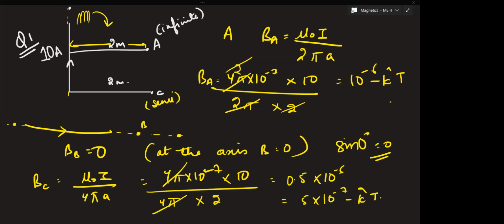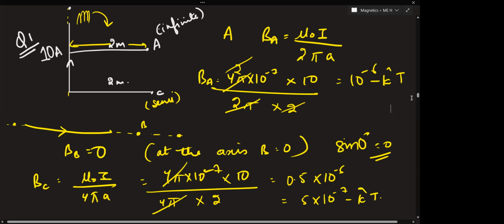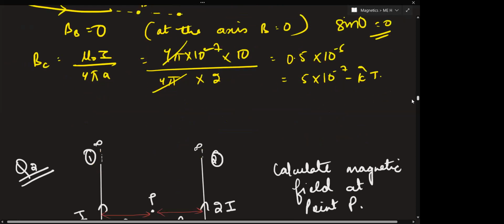Or if it's possible, you can write it directly as outwards or inwards if you're getting confused with it. But when we do a mixture of questions, where a segment of finite wire will be there, a semicircle will be there, then your k cap, i cap, j cap will be in usage.